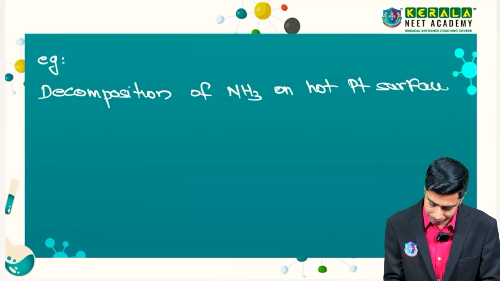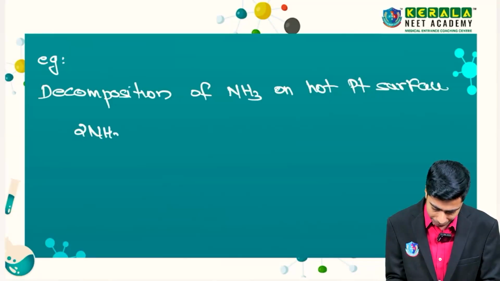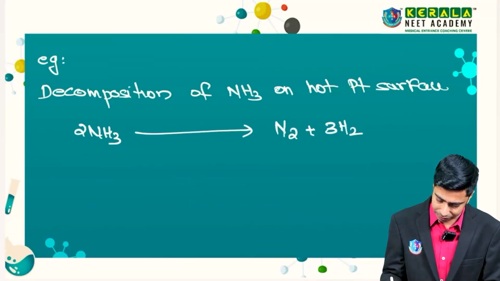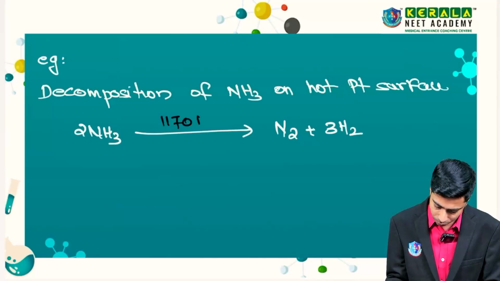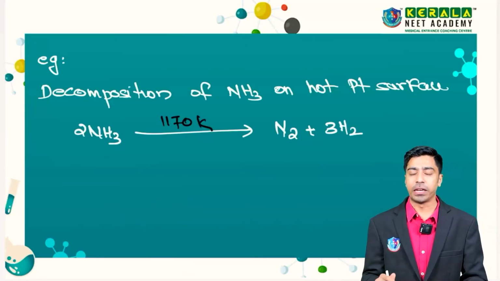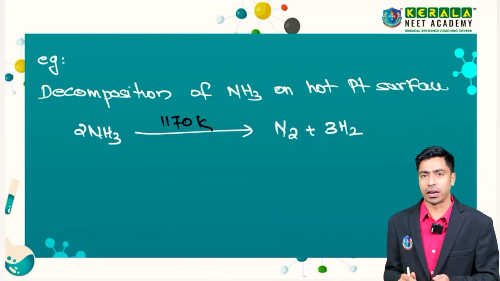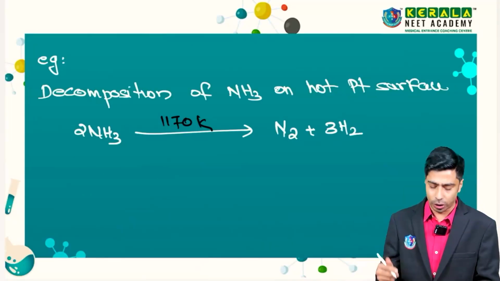So the reaction will be 2NH3 giving N2 plus 3H2, and the temperature is around 1170 Kelvin. The reaction takes place on a platinum surface. So decomposition of a gas on a solid surface is an example of a zero order reaction.